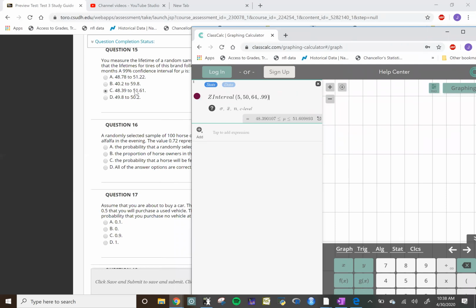Any question in regard to number 15? Yeah, wait. Just give me a second. I'm trying to put in the numbers myself. Go for it. Oh, okay, got it.